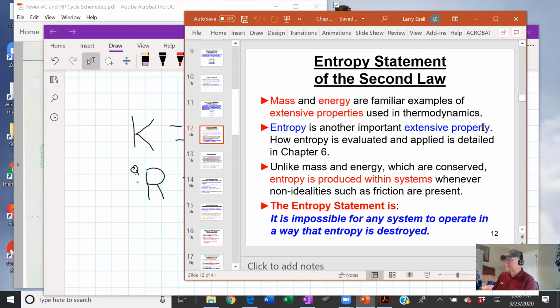In other words, entropy either can increase or decrease with heat transfer, but without heat transfer, entropy always increases. The entropy statement is, it is impossible for any system to operate in a way that entropy is destroyed. And again, you don't know what entropy is, so we'll figure it out later.